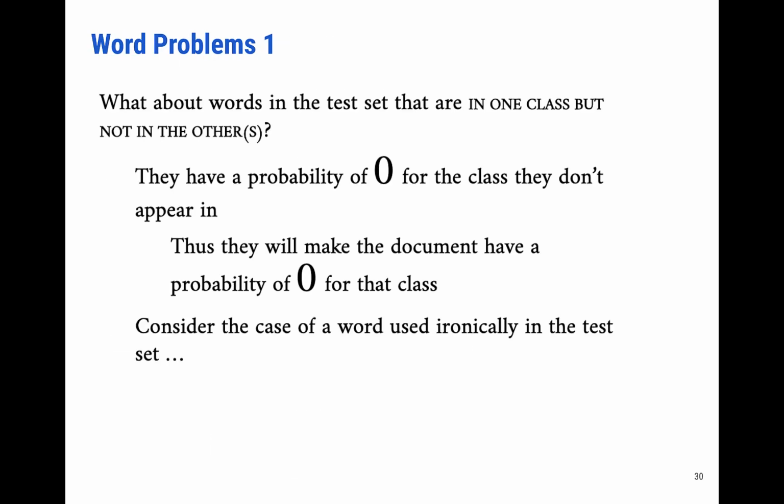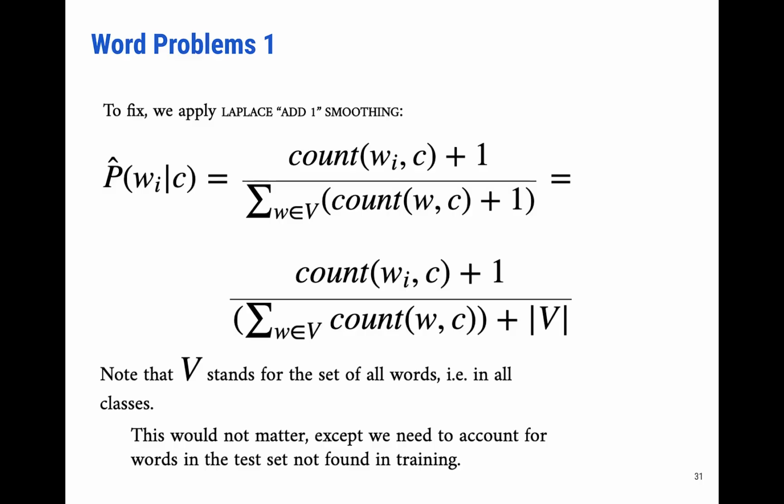You have the same problems here that we have with some of the others, where if there are words in one class but not in the other, and it's very likely that you're going to have that. If you subdivide your corpus, there are going to be some words that do not exist in each of the training sets for each category, and so you have to do some kind of smoothing, Laplace add-one smoothing and so forth.